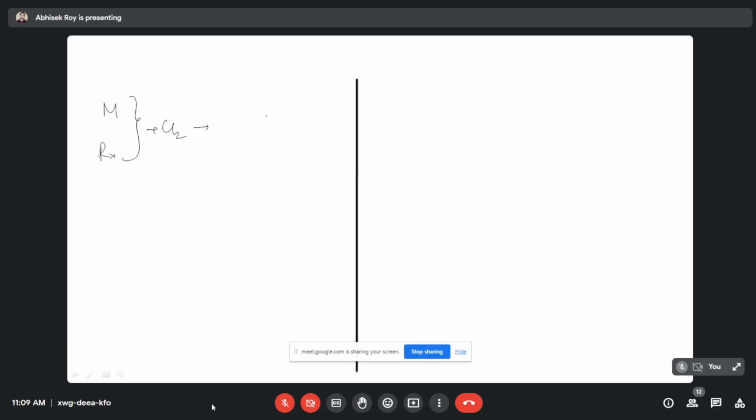Either they will form MCl, MCl2, MCl3 like this if it is a metal, or the reducing agent will also combine with the chlorine. Obviously if they are present, your chlorine demand will be higher. Otherwise the stoichiometrically calculated chlorine will not be enough, because all these reducing agents and metals present in your water will also react with the chlorine. So for that reason you have to add additional chlorine.